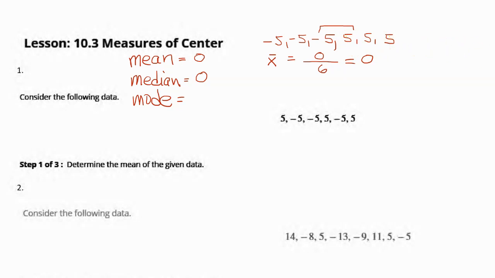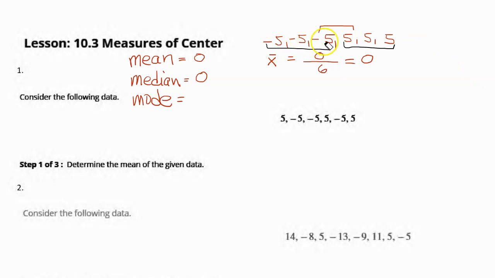Now, this is not what's there, but if we were to add, for instance, a 6 and a 7, and these were our items of data, then we'd see that we have 3 of -5 and 3 of 5. That would make this set, including the 6 and 7, bimodal. But we don't have these.